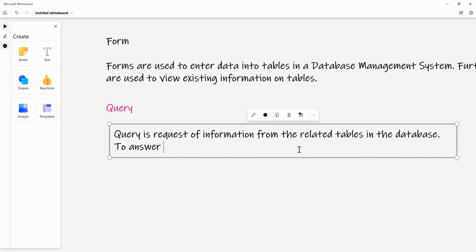To answer the query, one or more tables could be combined.